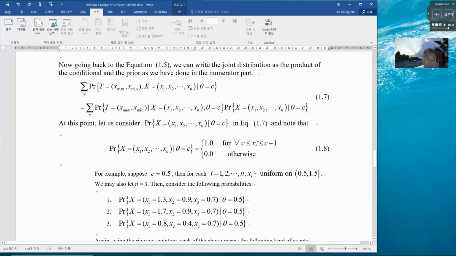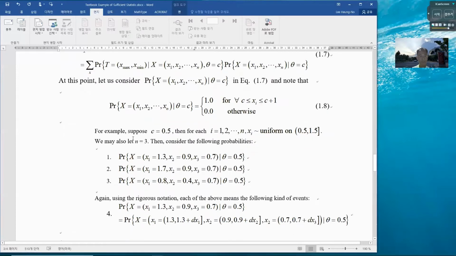Whenever it is outside of this interval, the probability is 0. And this is true for each and every xi. So that is the evaluation of the second part. That means these dummy variables x1, x2 have to be a value inside this interval.